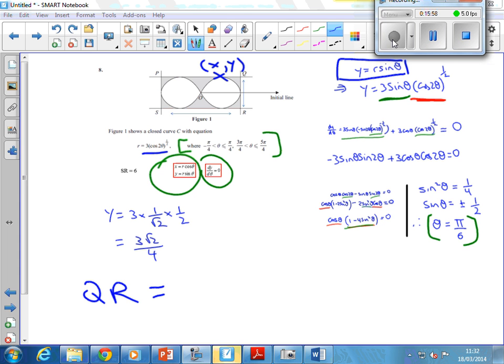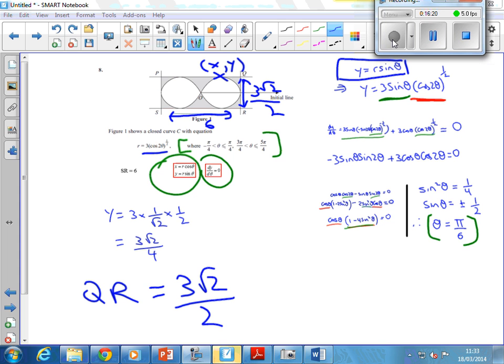So 3 root 2 over 4 times 2 is 3 root 2 over 2. Okay, so now we have the distance QR. SR we already said was 6. QR is 3 root 2 over 2.